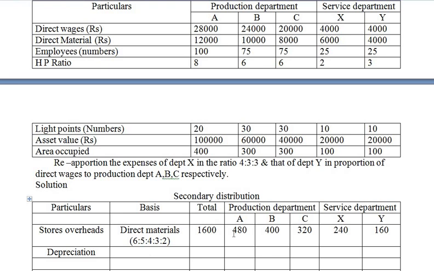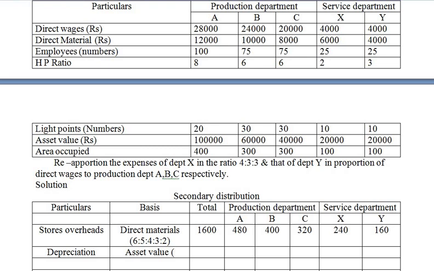Okay, now depreciation is related to what? Depreciation is related to value of asset. So we will have to find out the asset value ratio, right? Now asset value is being given: 1,60,000, 40,000, 20,000 and 20,000.